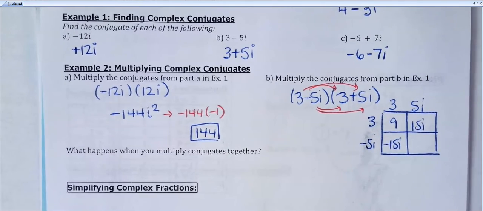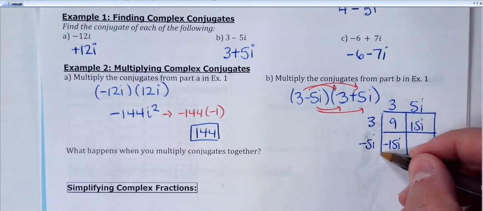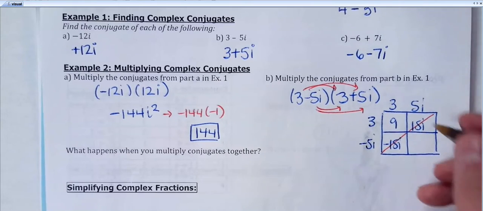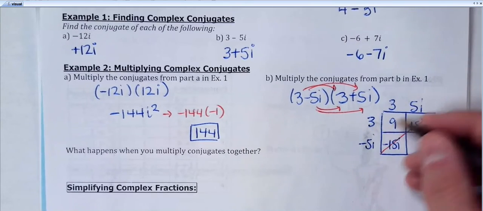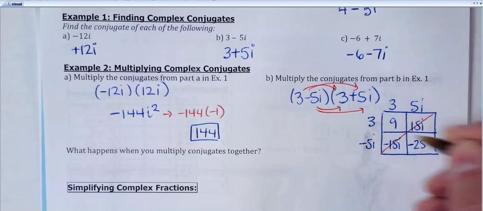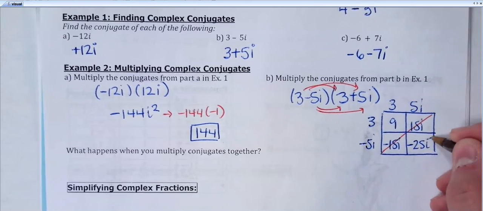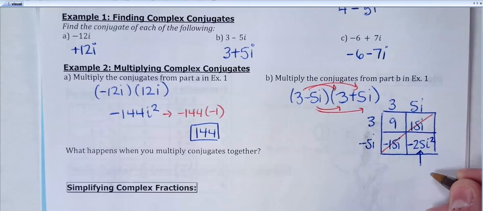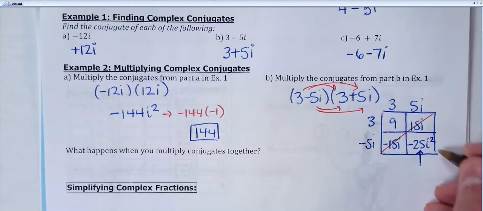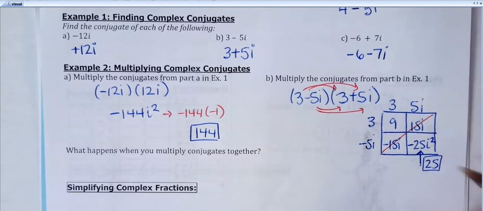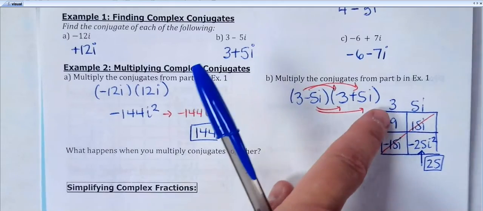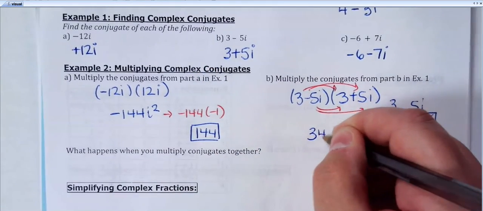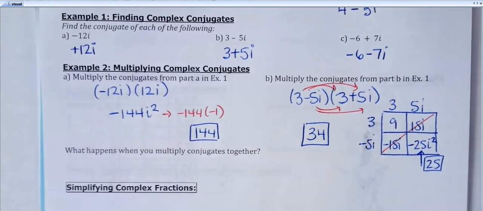And so if you guys notice right then and there, these are opposites, so they're actually going to cancel each other out. And now the bottom corner, -5 times 5 is -25. i times i is i squared. What is this -25i squared really equal to? 25. Okay, so this box is really 25. What I have left here, I have 9 and I have 25, so we can actually add those together. So if I multiply those conjugates, I just get 34.